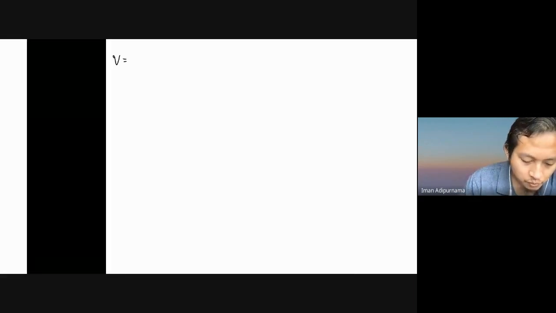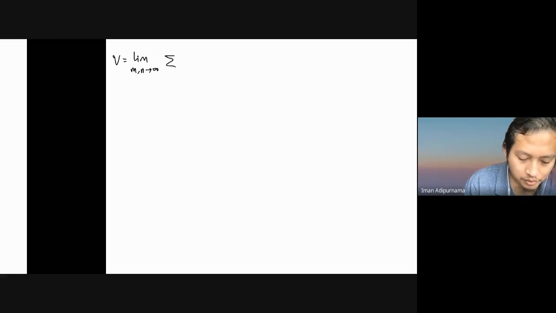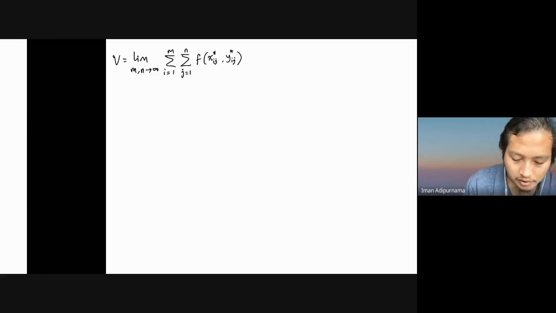So the volume will be the limit as m and n both approach infinity, and you have two summations. You also have the coordinate that makes z the height, and then you have the delta of the area.